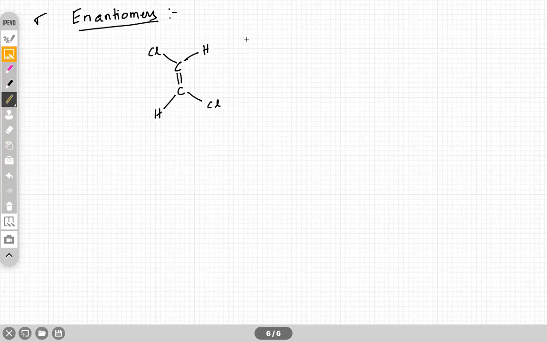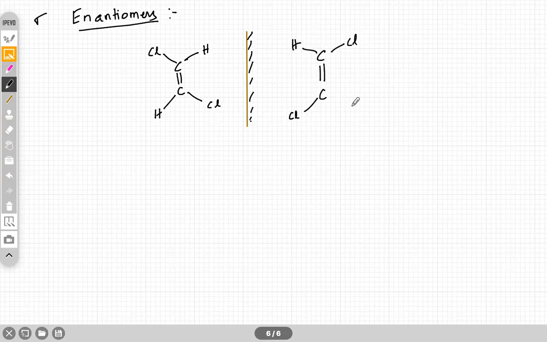And when you take the mirror image of this, suppose this is the mirror, then what we get here, you see, carbon, double bond, carbon. This chlorine has a mirror image this side, H this side, chlorine this side, and H this side.